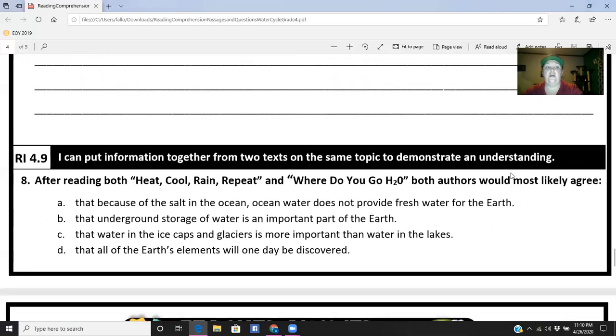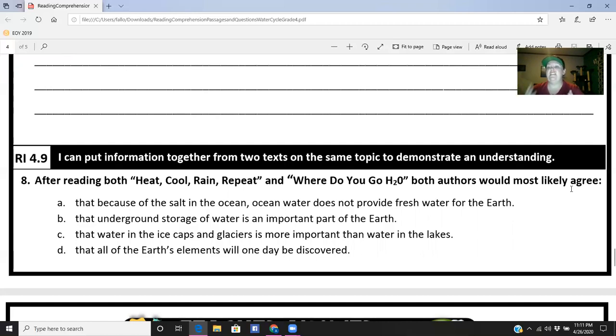Looking at question number 8, it says, after reading both Heat, Cool, Rain, Repeat, and Where Do You Go H2O, both authors would most likely agree. So you're going to put yourself in the shoes of the author who wrote these texts, and you're going to figure out what they would agree on.